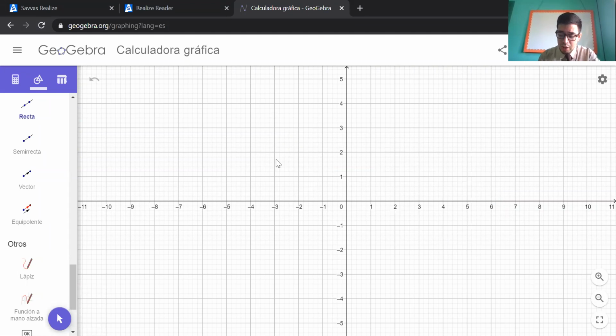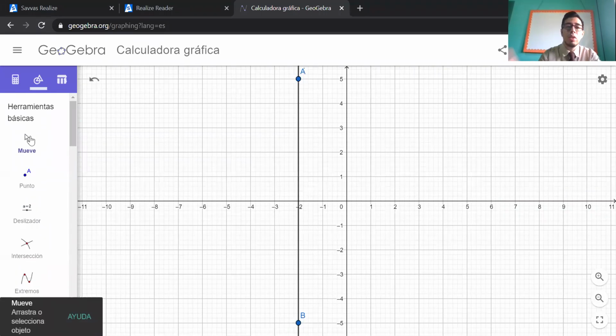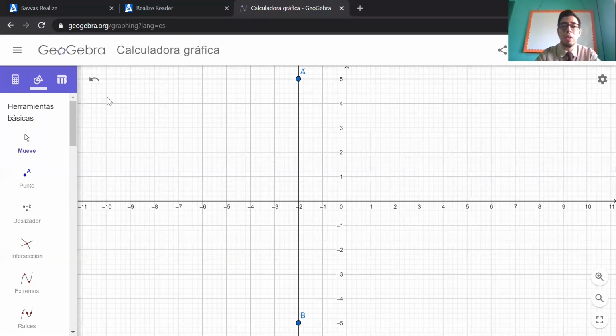So the polygon ABCD is reflected across the line x equal negative 2. So for example, imagine that there is a line in here that is dividing. You are not going to draw the line every time. You can do it if you want, if you need it in the moment, but you don't always need to divide like this, okay? The line of reflection, you don't need to draw it every time.